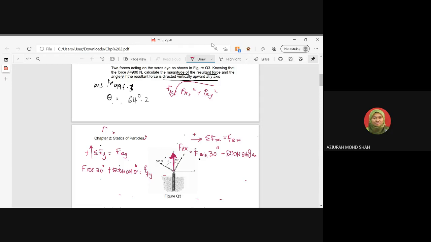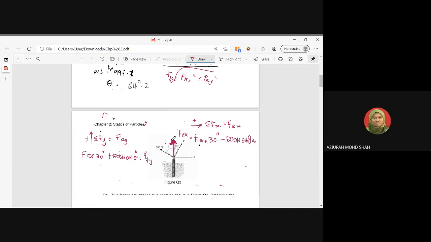Apa yang dia nak nyatakan dekat kita ni? FRX ada tak?